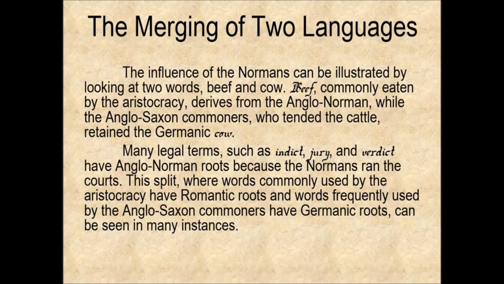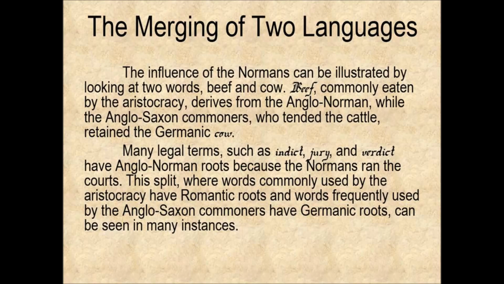During this Middle English period, merging of the two languages, English and French, occurred. The influence of the Normans can be illustrated by looking at two words, beef and cow, as I have already said. Beef, commonly eaten by the aristocracy, derives from the Anglo-Norman, while the Anglo-Saxon commoners who tended the cattle retained the Germanic cow.